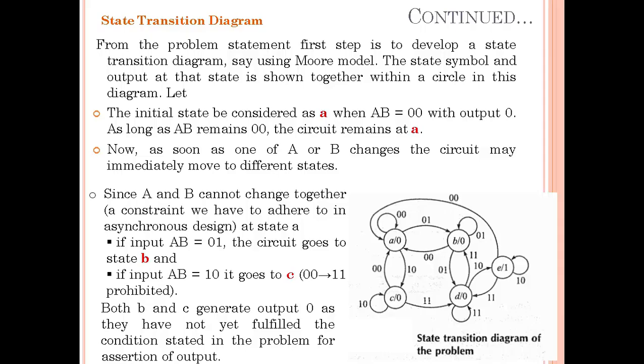Both B and C generate the output 0 as they have not yet fulfilled the condition stated in the problem for assertion of output.